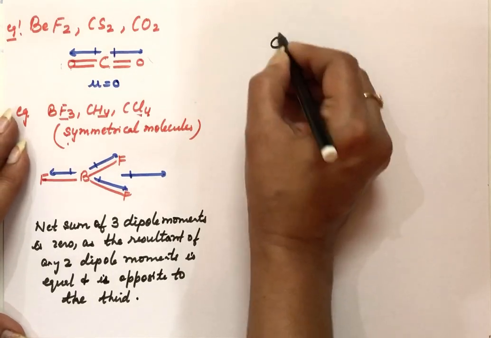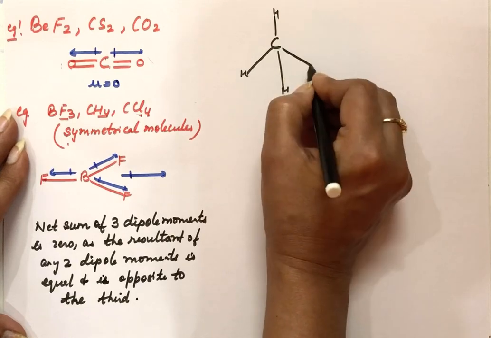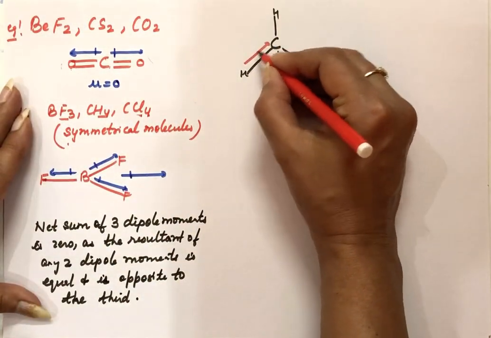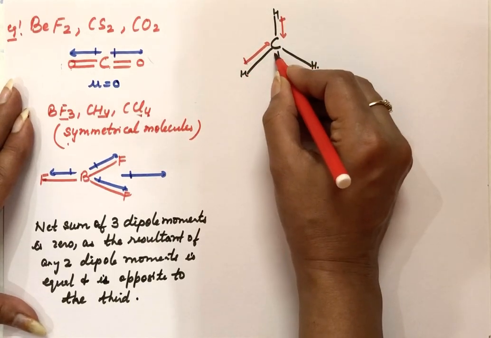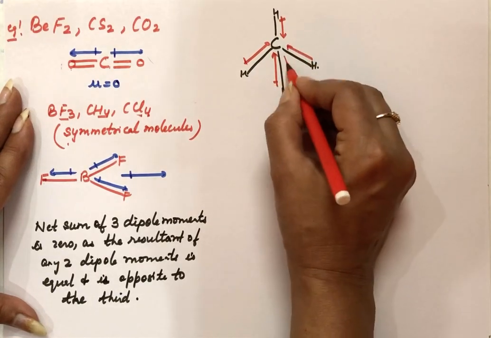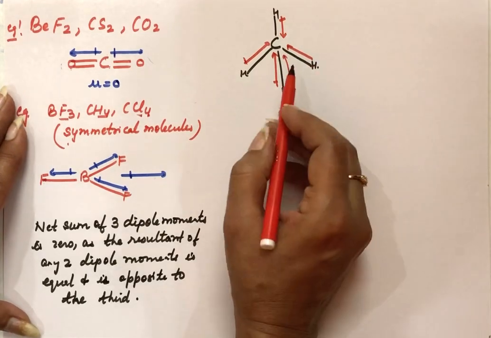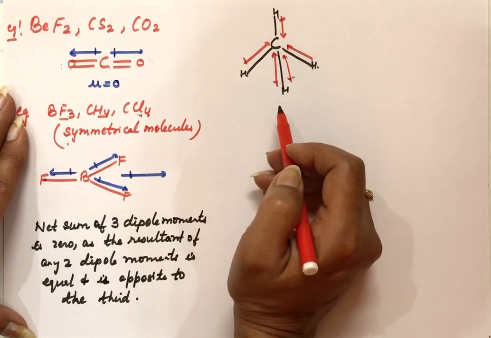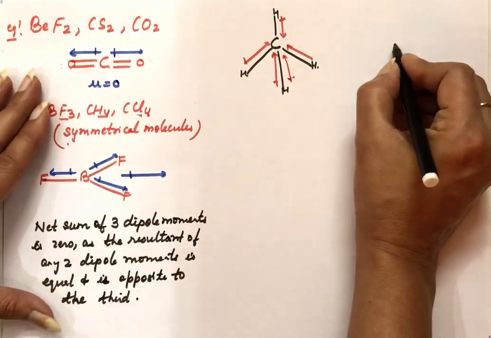In case of CH4, there are 4 carbon-hydrogen bonds. In this case also, the molecule is symmetrical because carbon does not have any lone pair of electrons. The dipole moment direction is towards the carbon here. The outer atoms are also the same. That means the resultant of all these bonds will cancel out each other and on the whole the molecule will become non-polar in nature.